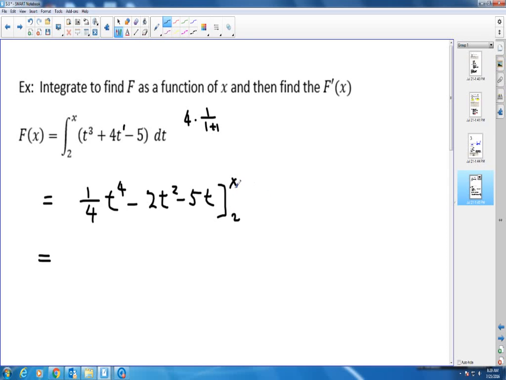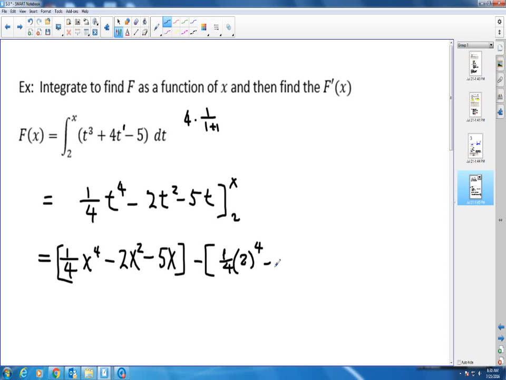Alright, this is a lot of work. We're going to substitute x for all these t right here. So that gives me 1/4 x to the 4th minus 2 times x squared minus 5x. All these guys will subtract. Now I'm going to substitute 2 for all these t. So that's 1/4 times 2 to the 4th minus 2 times 2 squared minus 5 times 2.